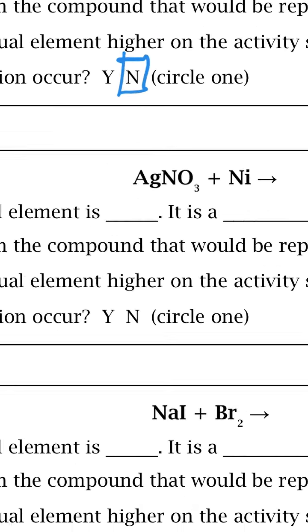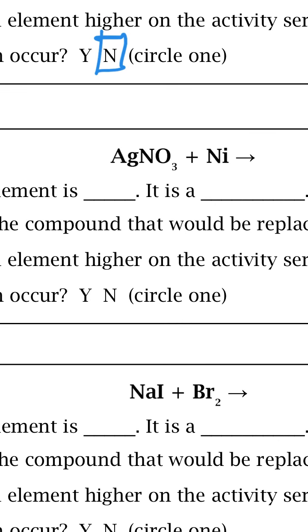I'm going to do the next one and give that as an example. What is the individual element? Ni. Is it a metal or a nonmetal? Metal. Very good. You've got to look on the periodic table and see where it's located, and it's going to be a metal. The element in the compound that it would replace would be what? We've got this, and we've got that. What is it going to replace?